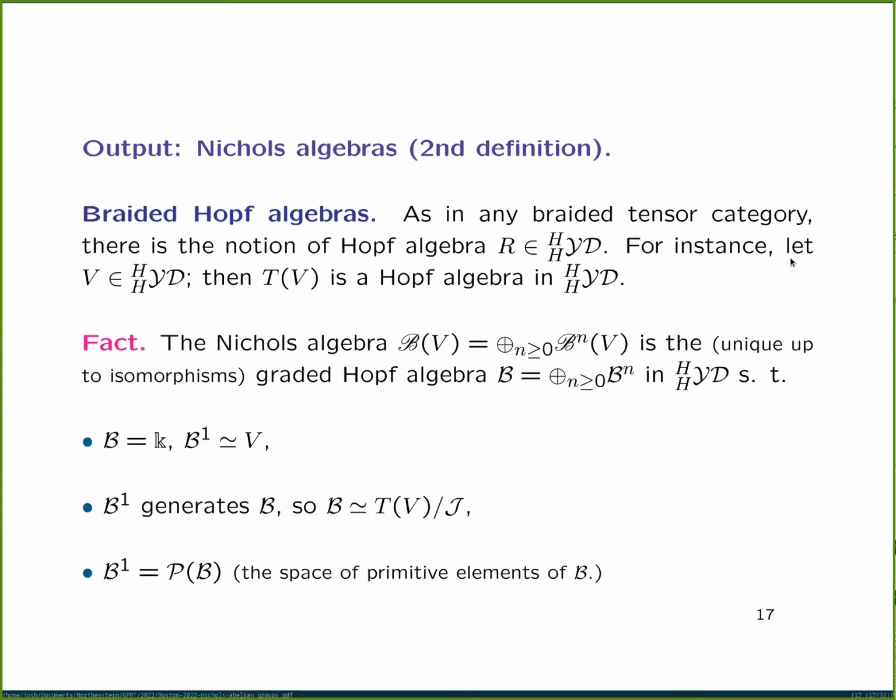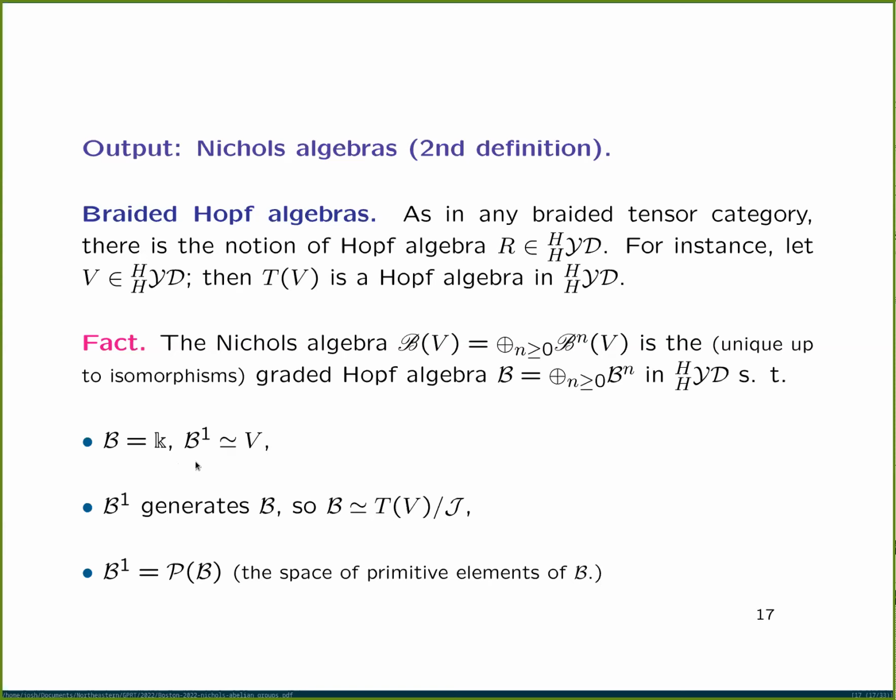Okay, the Nichols algebra B of V, which I defined using the quantum symmetrizer some slides ago, can be shown to be the unique isomorphism class of graded Hopf algebra B with the following properties. First property, it is connected, meaning that B_0 is K. It depends on V in the sense that B_1 is isomorphic to V as a Yetter-Drinfeld module.